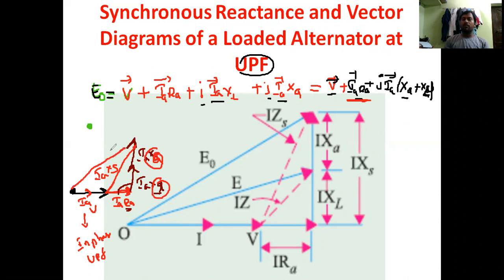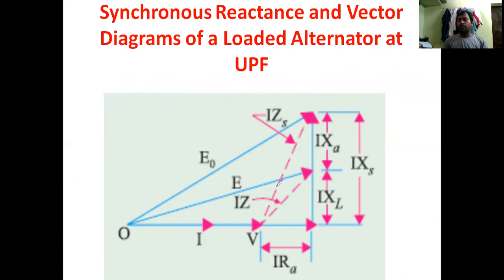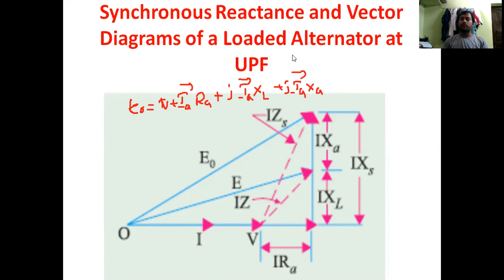If we add all, we will get the induced EMF. So this is the procedure to draw. Here I wrote it directly. This is the diagram of V and IA. IA is in phase with the voltage because this is a UPF load, and E naught is V plus IA RA plus j IA XL plus j IA XA.